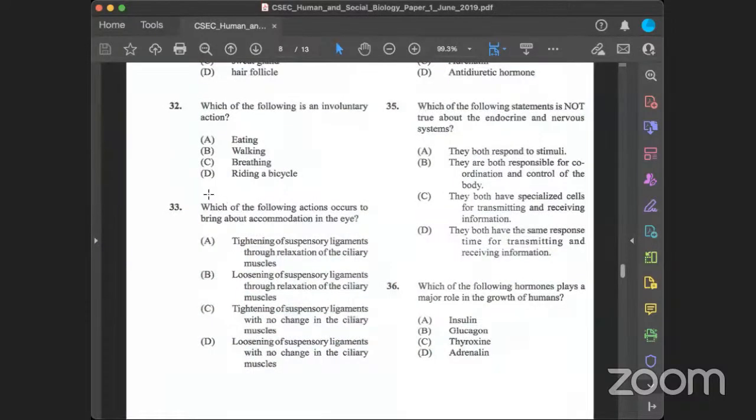Next one, accommodation. Want to read that one there for us? Which of the following actions occur to bring about accommodation in the eye?